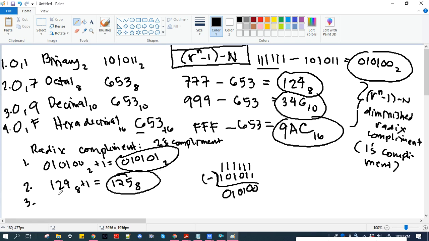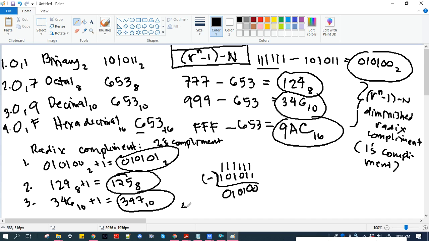For number 3, the 10's complement of 653 base 10 is 346 base 10 plus 1, that is 347 base 10.